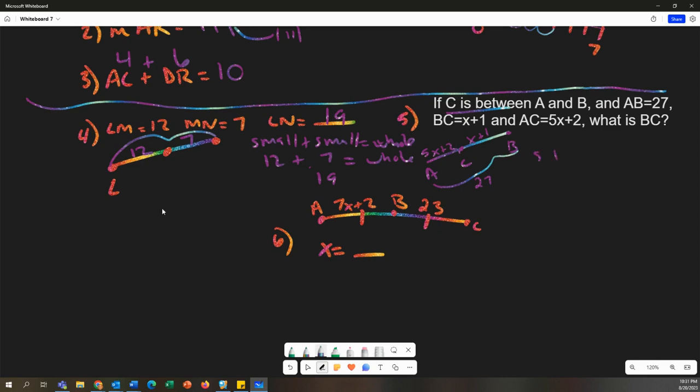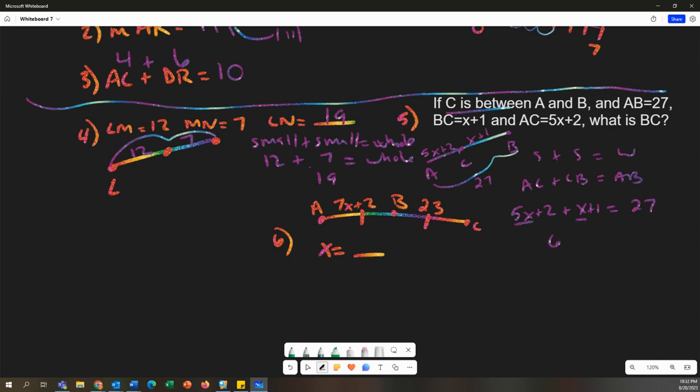So I have small plus small equals whole. Or I can say AC plus CB equals AB. AC is 5x plus 2. CB is x plus 1. And AB is 27. So let's solve this.